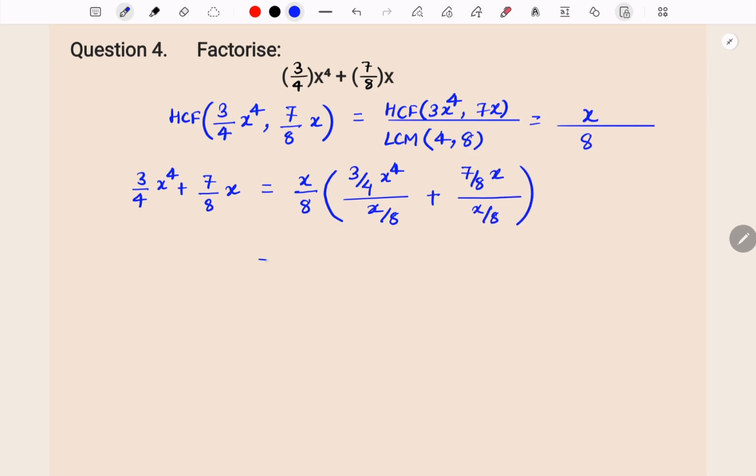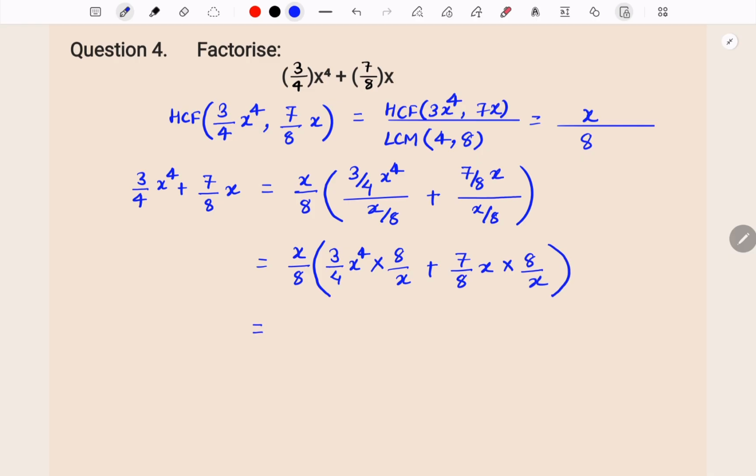Alright. Now let's simplify. I can write it as x/8 outside, and inside I will write 3/4 x^4 multiplied by 8/x. You only need to multiply the inverse of the fraction present in the denominator. Similarly here, this would be 7/8 x multiplied by 8/x.